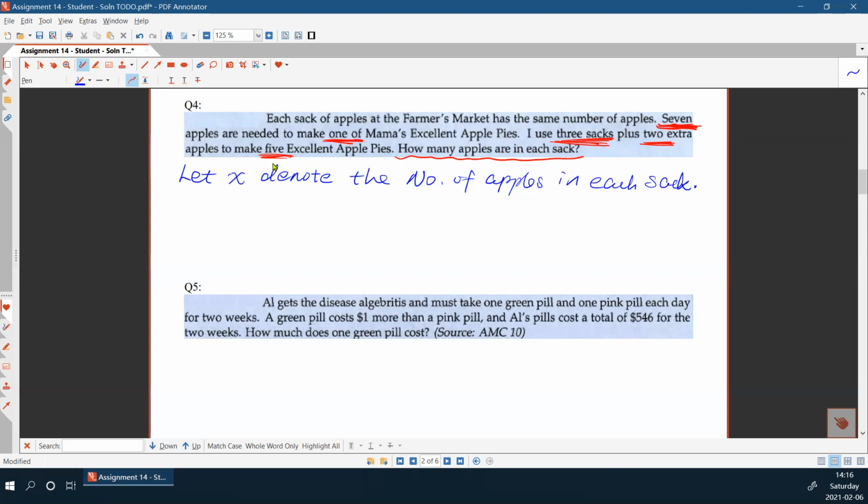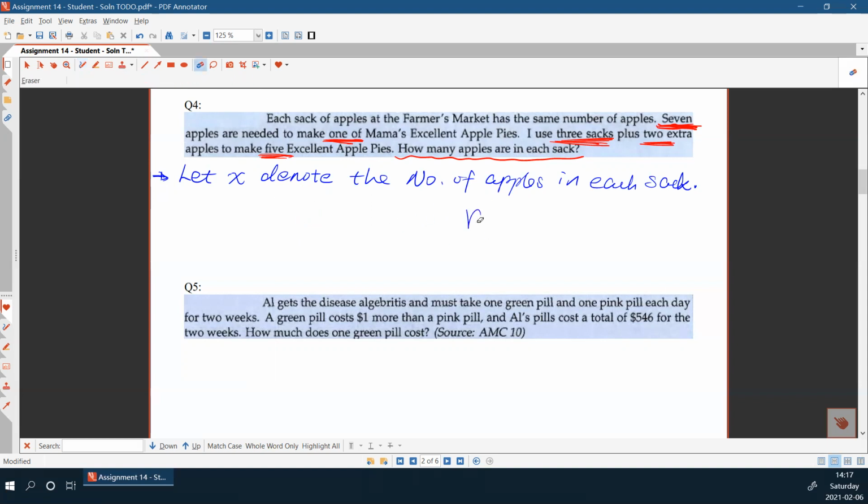Although it's a very simple question, I suggest you write this sentence in your solution, especially when you are taking an exam, okay? Because your grader will probably look for this specific sentence. Otherwise, they do not know what your X or Y or R is.